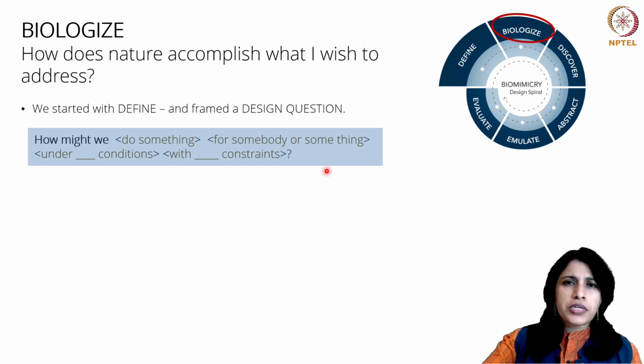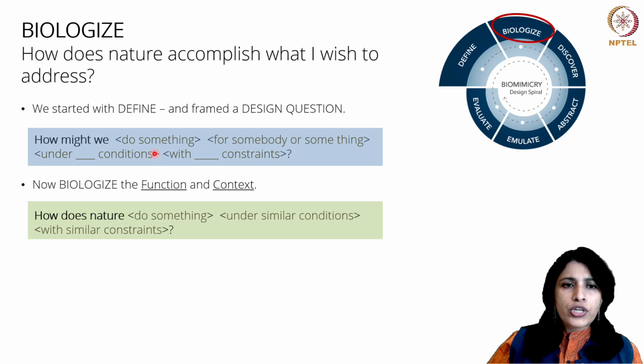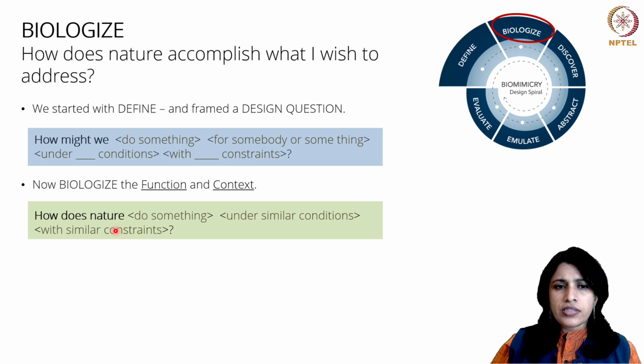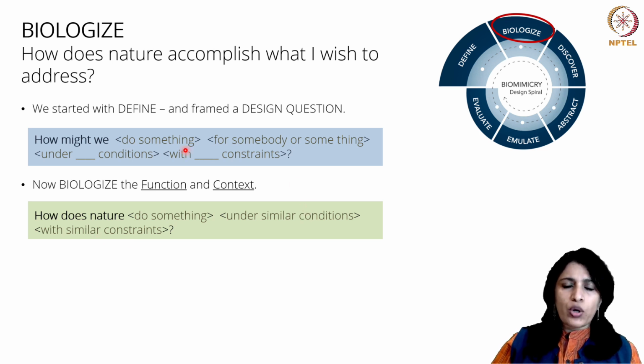You're going to biologize it by biologizing the function and the context of the defined question. Now, what does that mean? You're going to create a question that looks like this: How does nature do something under similar conditions and similar constraints? Similar to the defined question.